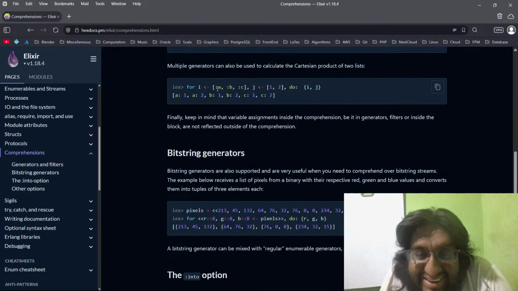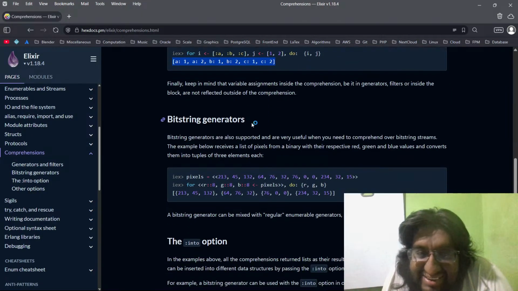So you are A with one, A with two, and now you are running out of J. So you came here and you grab B with one, B with two, and you now run out of elements for J. Come here, J, one, two, and you have your Cartesian product.